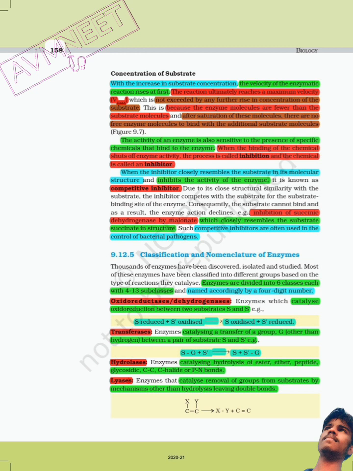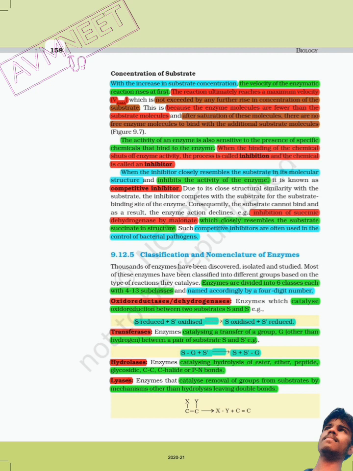Oxidoreductases or dehydrogenases: enzymes which catalyze oxidoreduction between two substrates S and S', that is, S reduced plus S' oxidized gives S oxidized plus S' reduced. Transferases: enzymes catalyzing a transfer of a group G between a pair of substrates S and S'.